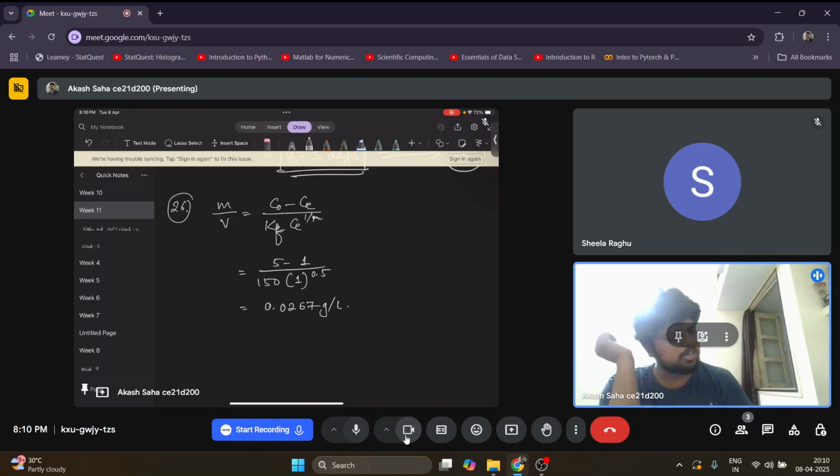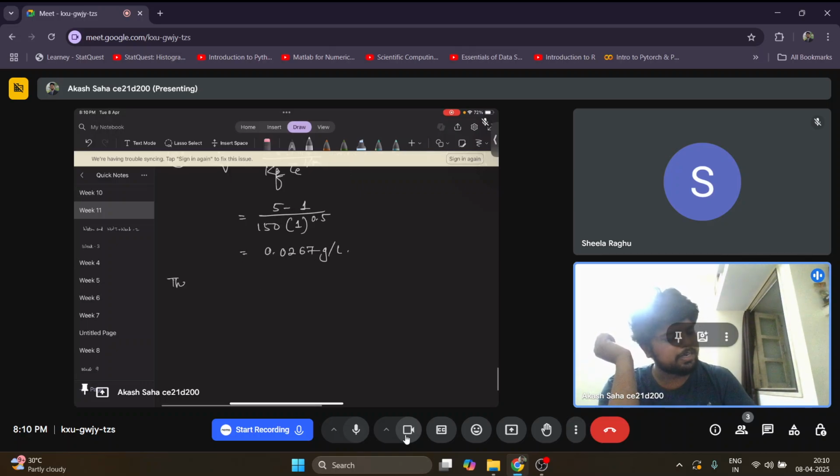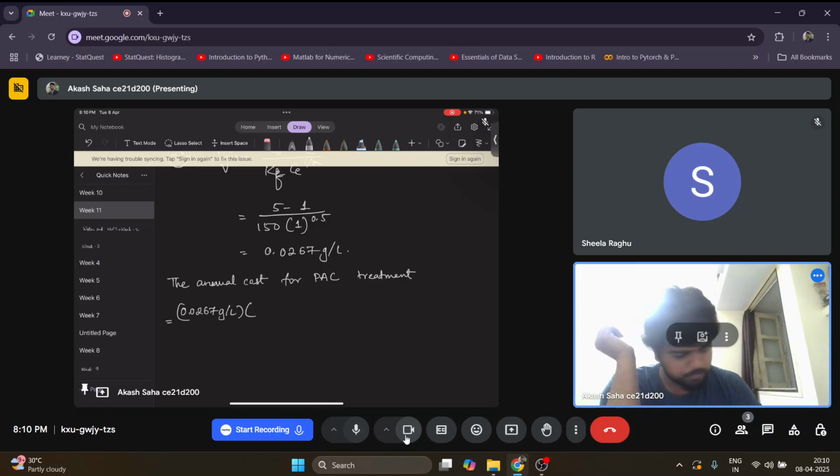Once we got the dose, we can directly calculate the annual cost. So the annual cost for PAC treatment will be equal to, first the dose, that is 0.267 gram per liter, into the flow rate, that is 1000 liter per minute.